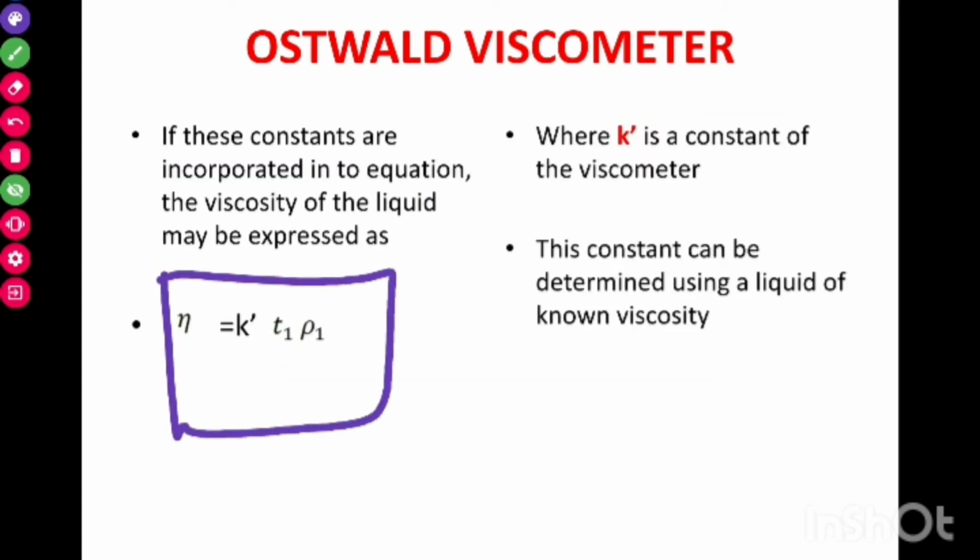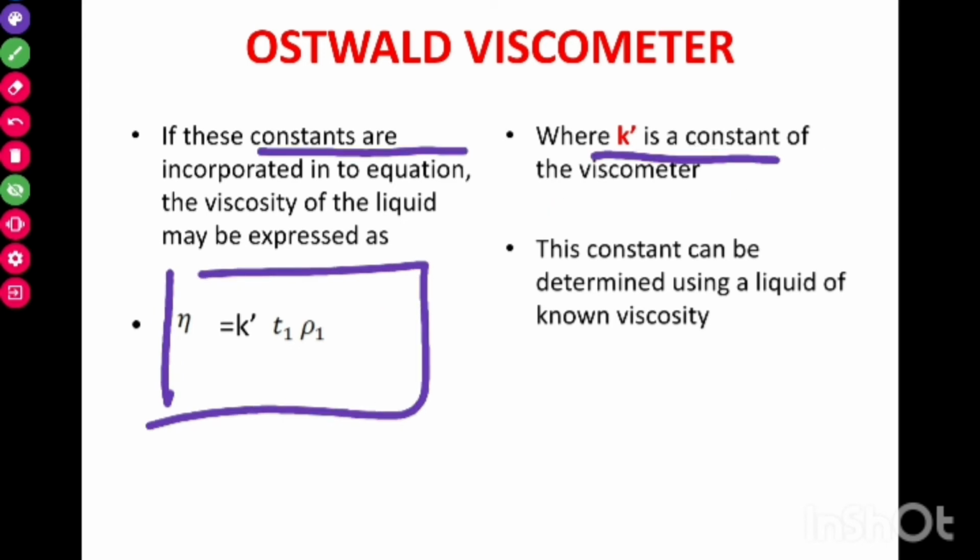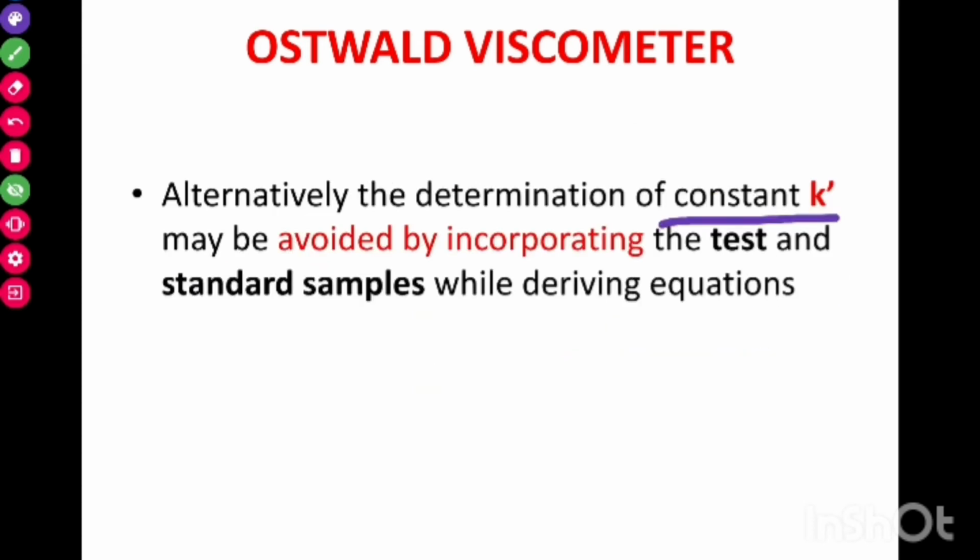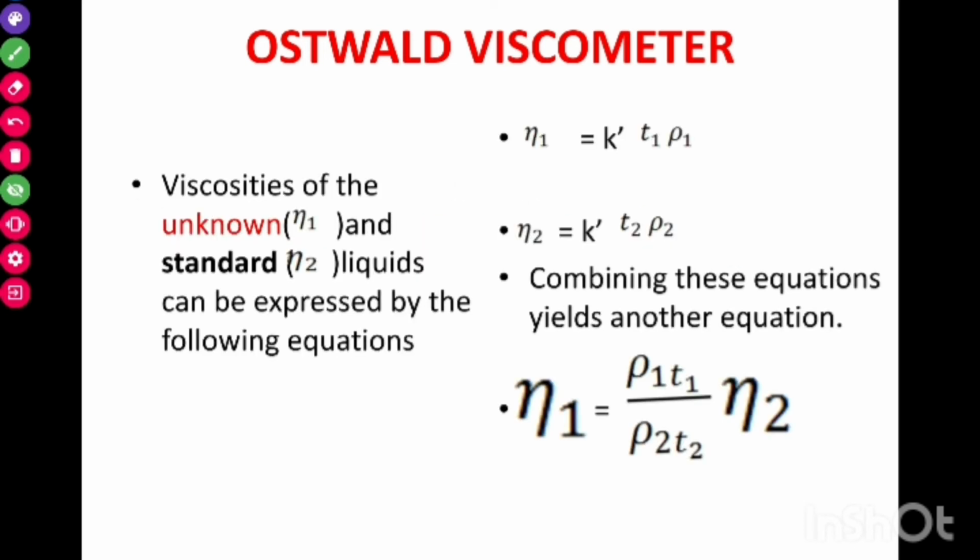In this equation, k dash is a constant of the viscometer, and we can determine the constant value using a liquid of known viscosity. Alternatively, we can avoid the determination of constant k by incorporating the test and standard samples while deriving our equation. You can take two samples, one is the test sample and the other one is the standard sample.